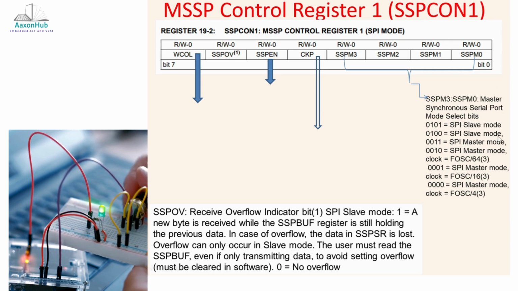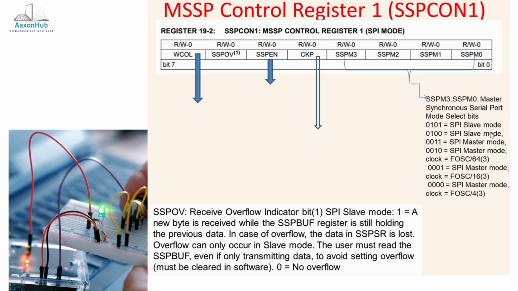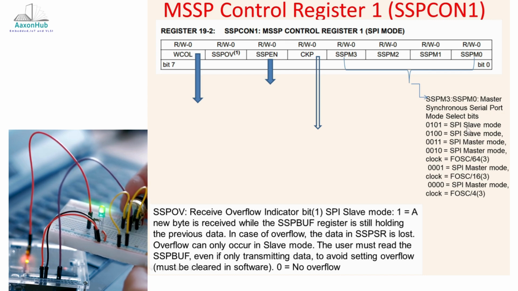Whereas for 0100, this again enables SPI in slave mode, but the difference between these two slave modes is that the SS bar pin is disabled in one mode of operation, whereas in the 0100 SPI slave mode, the SS pin will be enabled. This is the only difference between these two slave modes.